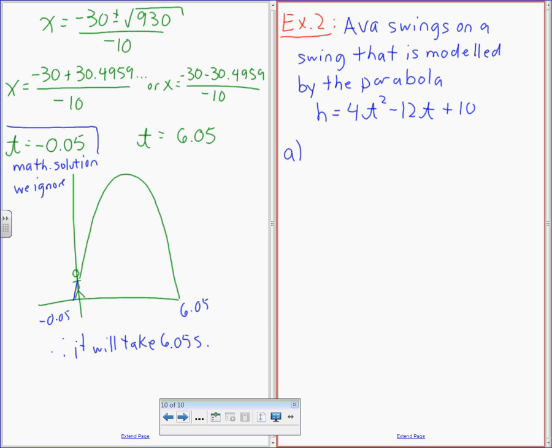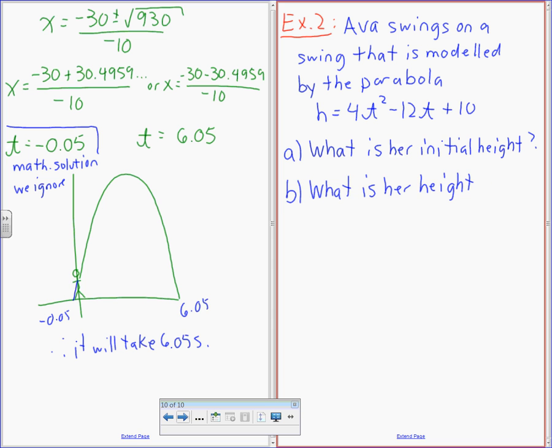A says, what is her initial height? B says, what is her height after 2 seconds? And C says, what is her minimum height?